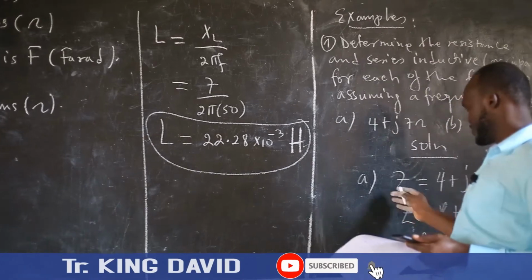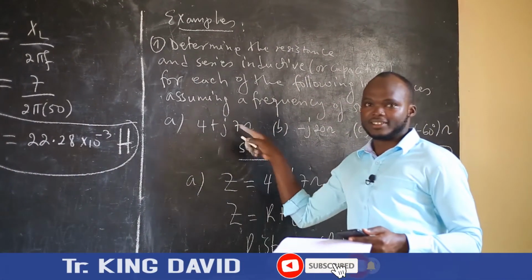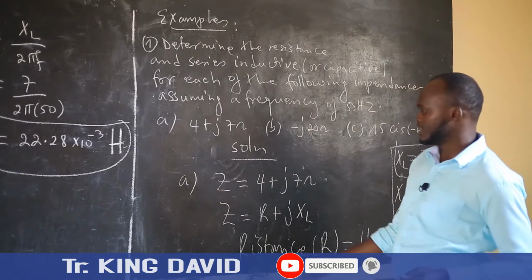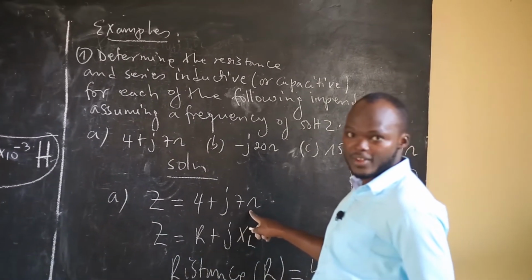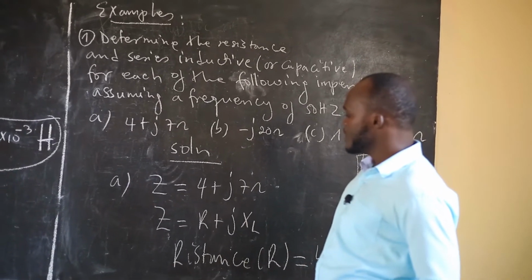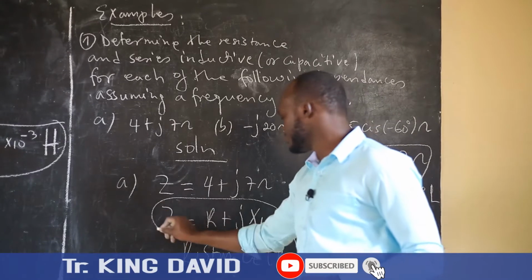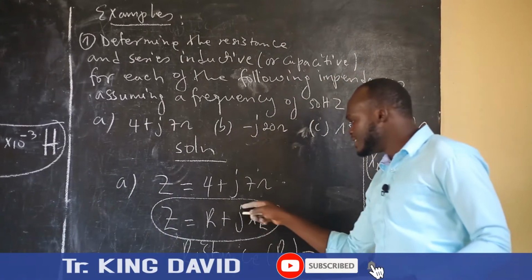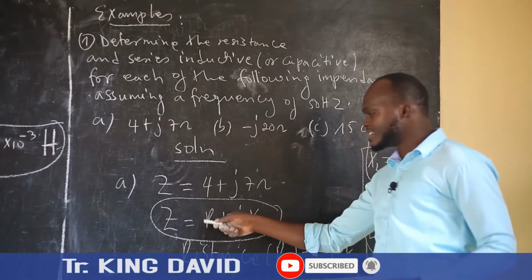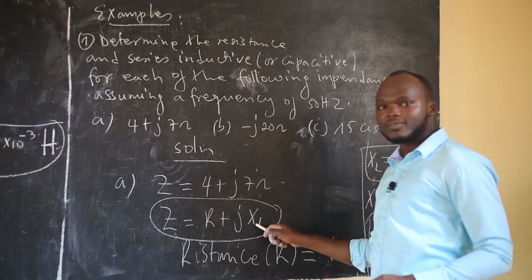Let me try to repeat. We have our impedance here, which is Z equal to 4 plus j7 ohm. When you have positive, immediately we have to think of this formula, because when there is positive, it is this formula, when you have resistance and inductive reactance.